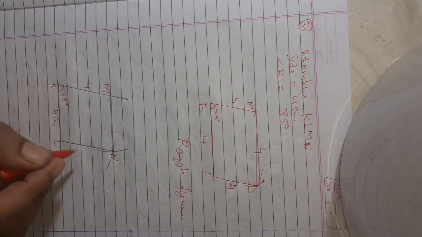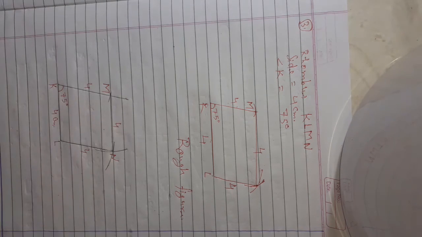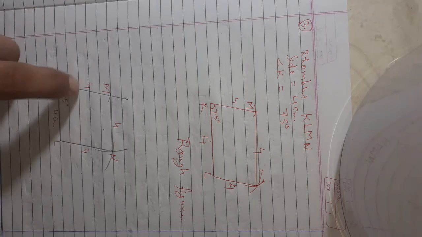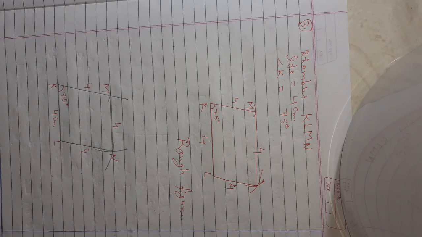This is 75 degree, this is 4 centimeter, and this also has to be 4 centimeter because you have taken an arc of 4 centimeter. And what is necessary for a rhombus is that all sides should be equal.